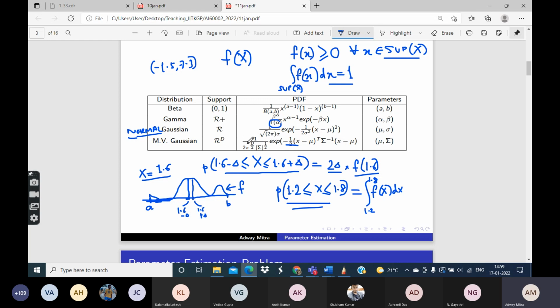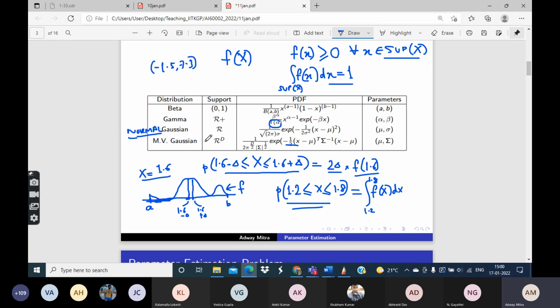I mean the PDF value to every point in that 6-dimensional space, and that PDF value is given by this kind of a complicated expression. But if you look at it carefully, you will understand that this is actually analogous to the one-dimensional case. The only difference is that there are two differences. One is that this mu, which is a single number in case of the normal distribution, is now a vector.